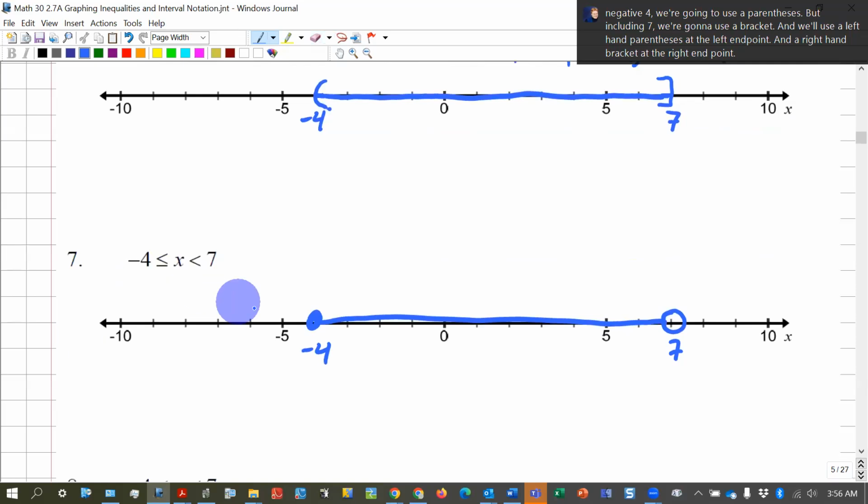If the -4 is included, but the 7 is excluded, then at -4, we're going to have a bracket, and at 7, we're going to have a parentheses.